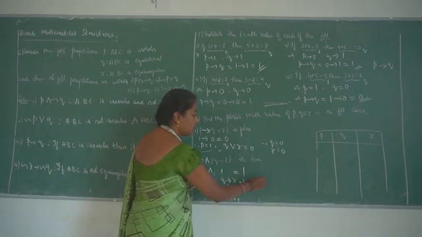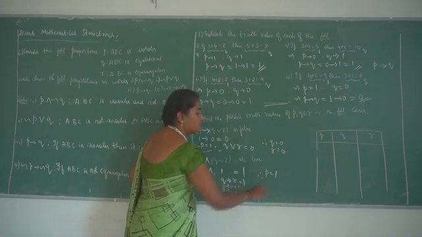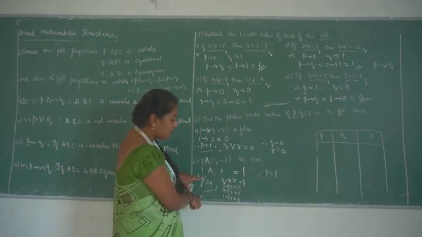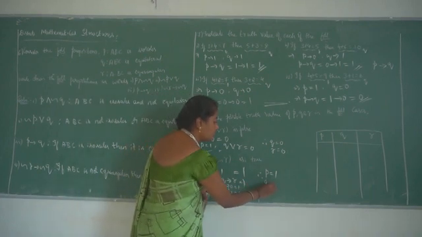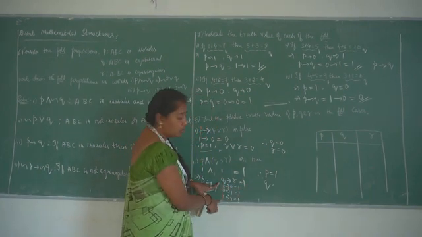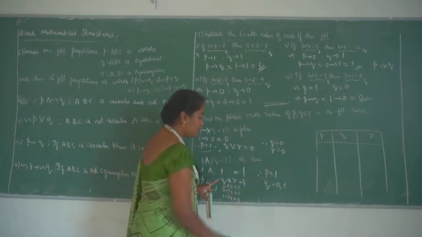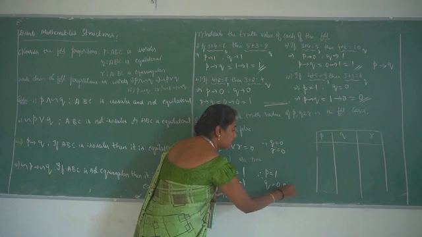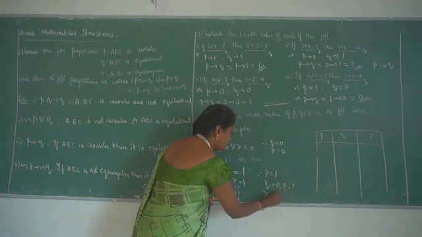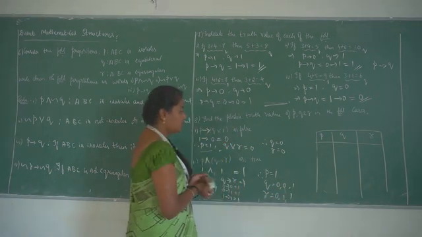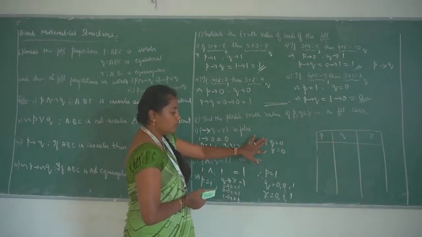The p value is fixed at 1 in both the cases. The q value may take 0 or 1. So there are two possibilities. The r value is 0, 1, 1. So in the first one both q and r are 0.